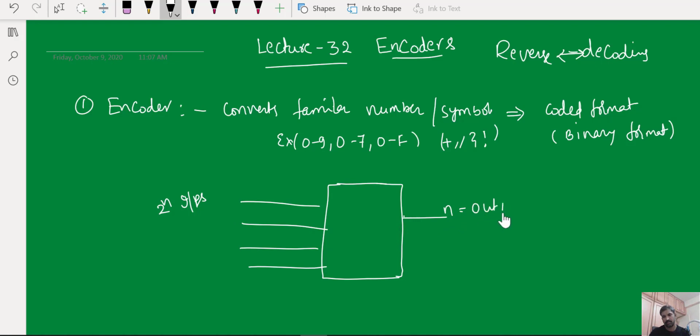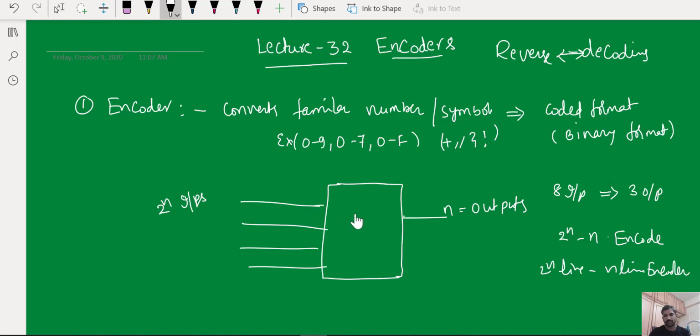Most of the time this statement is true; in certain cases there are exceptions. Suppose you have 8 inputs, then you are going to have 3 output lines. Sometimes we call it a 2 power n to n encoder, or a 2 power n line to n line encoder.